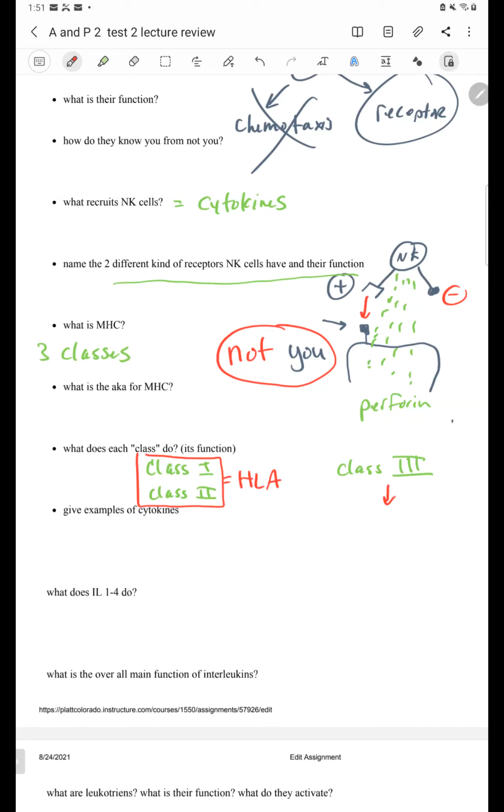Class 3 is responsible for various immune proteins like complement.